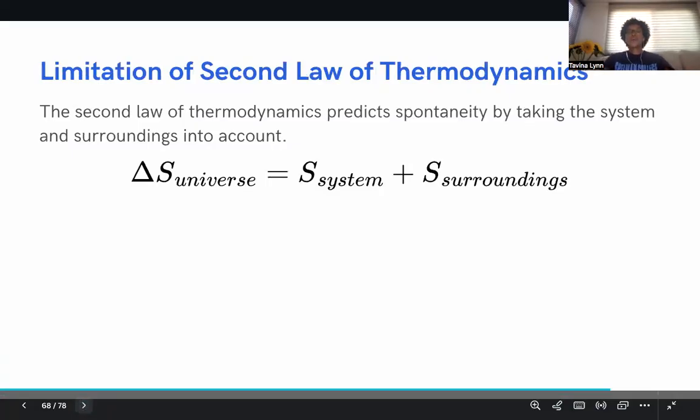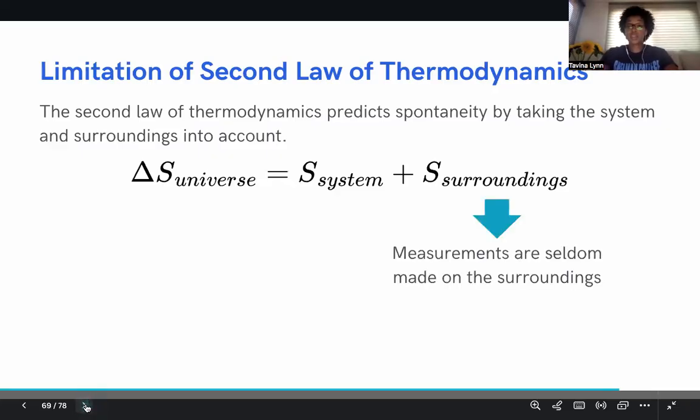All right, so remember, this is our second law of thermodynamics, which takes into account the system and the surroundings to get the change in entropy of our universe. The fact that we take into account system and surroundings is a limitation of the second law, because measurements are seldom made on the surroundings.